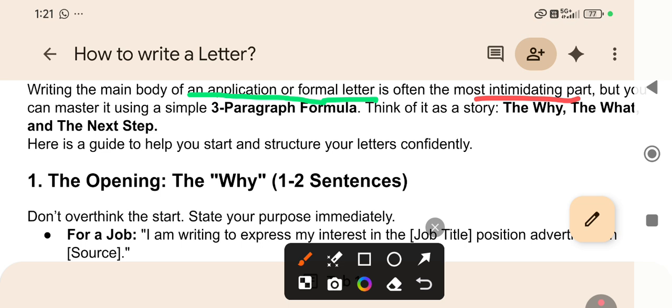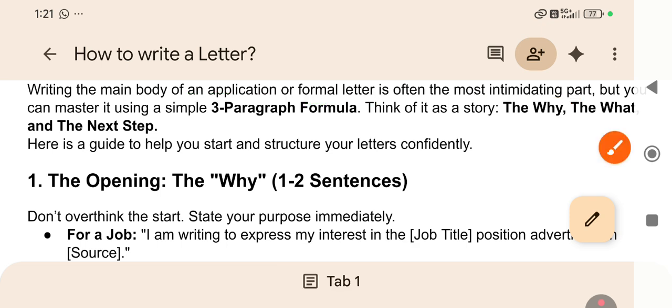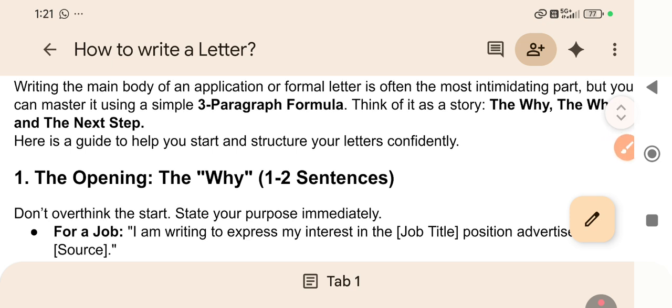Whenever you receive a letter, the other formalities you just ignore or see at a glance. Your focus will be on the main body, why someone is writing a letter to you. The main body conveys what he wants you to do, right? That's why I'm making a video on this main body of a letter.